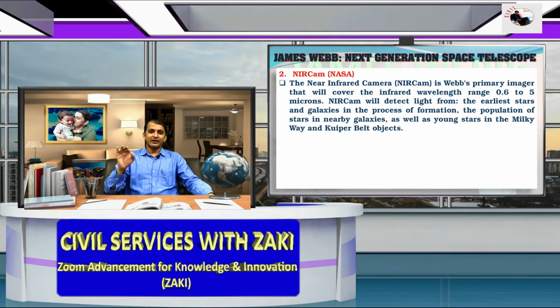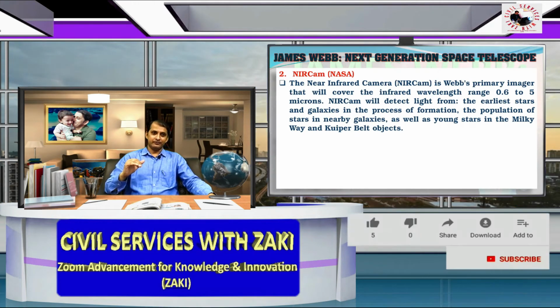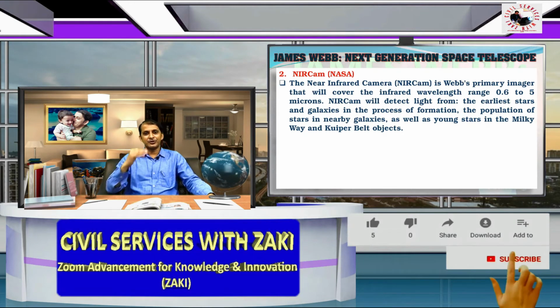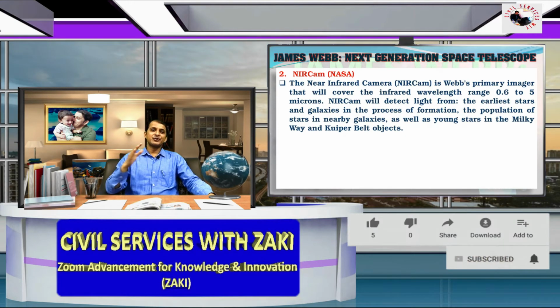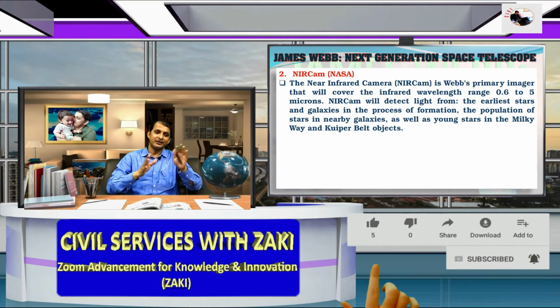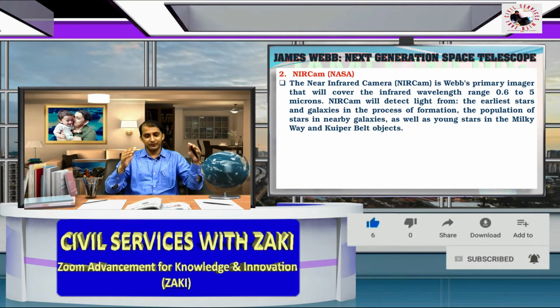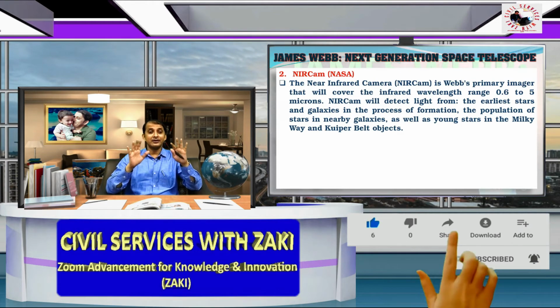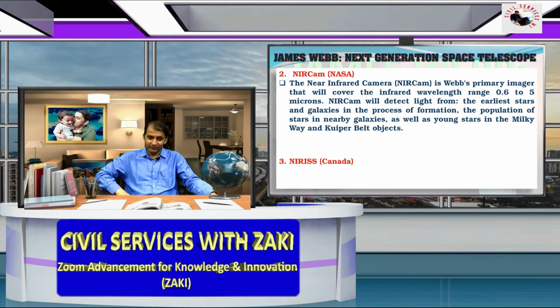NIRCam will detect light from the earliest stars and galaxies in the process of formation, the population of stars in galaxies, as well as young stars in the Milky Way and Kuiper belt objects, etc. So that's why this camera is very significant.